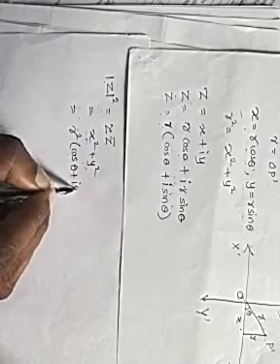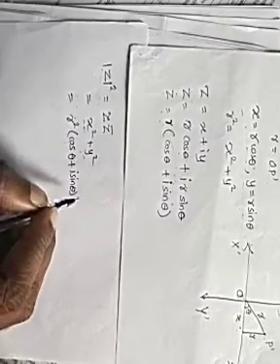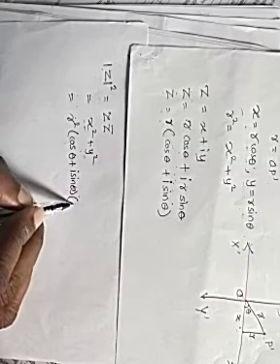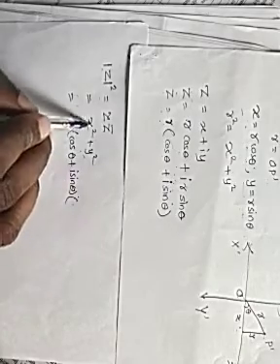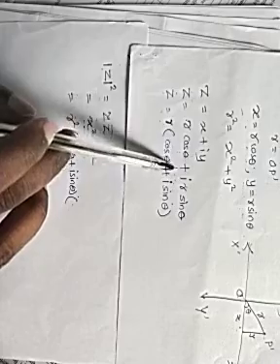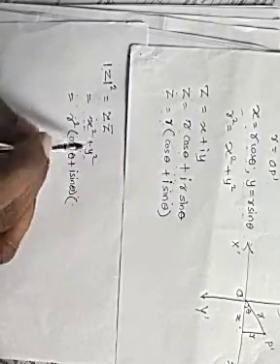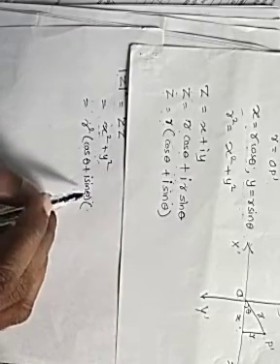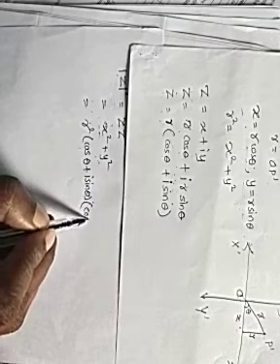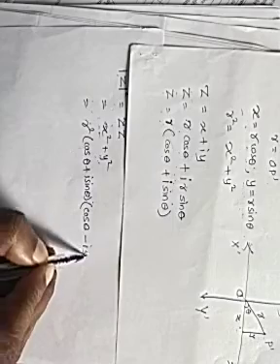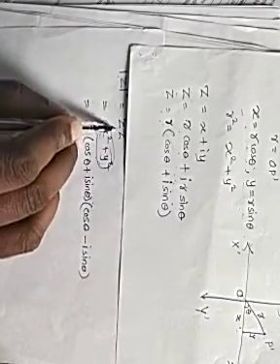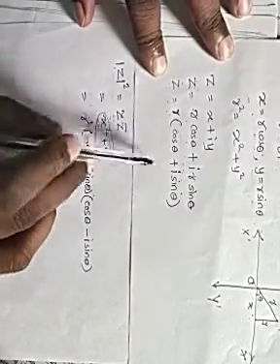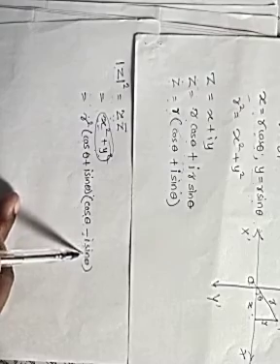cos theta plus i sin theta in brackets, times cos theta minus i sin theta, because z is equal to this and z bar is equal to the other equation.